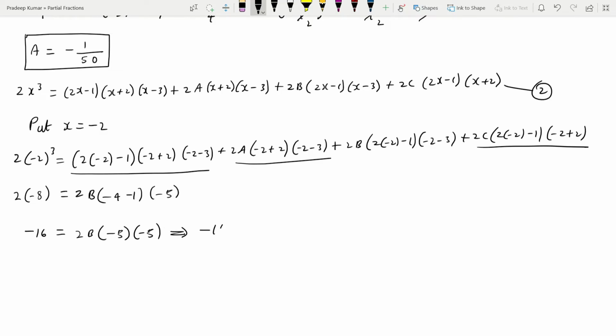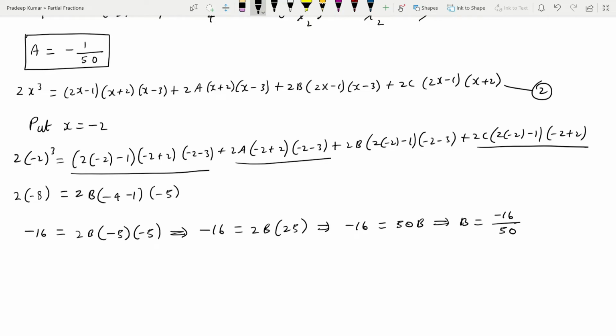Let's solve this forward. Minus 16 equal to 2b into, this is 5 5s are 25. So minus 16 equal to 25 into 2, which is 50b. Sending 50 to the other side, we get b equal to minus 16 by 50.